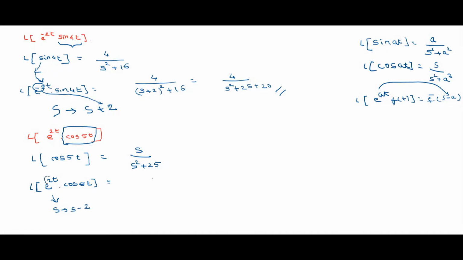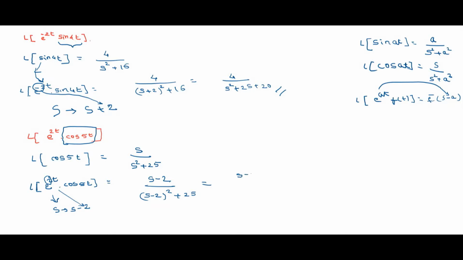If it is plus 2, here you can write it as minus 2. So that is s minus 2 divided by s minus 2 whole square plus 25. So what is the total value?